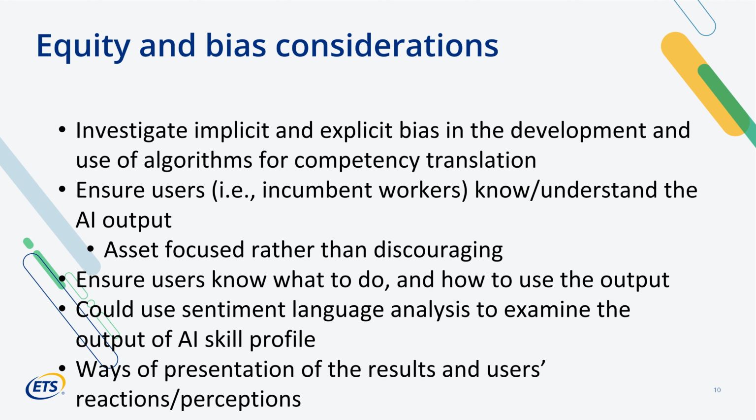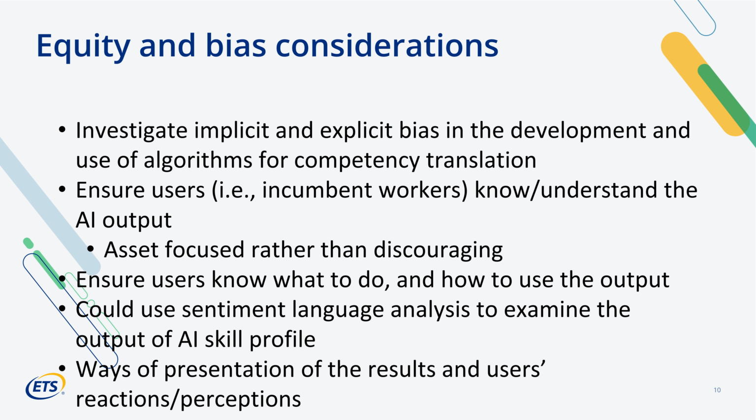For example, we want to make sure users, in this case incumbent workers, know and understand the input and output from the AI. We want to focus on the assets individuals have already mastered rather than what they don't have yet. And we want to ensure users know what to do and what the actionable information is from the output of the AI.